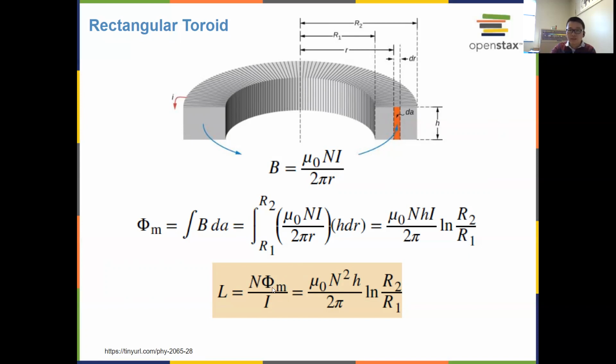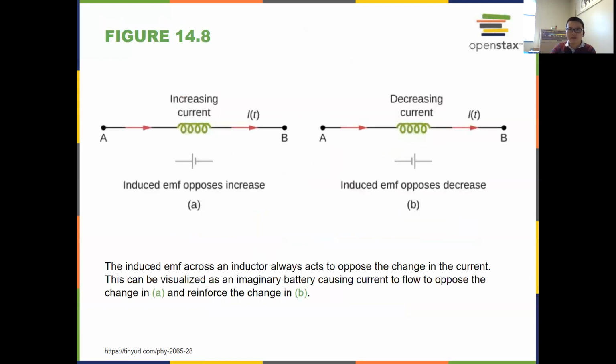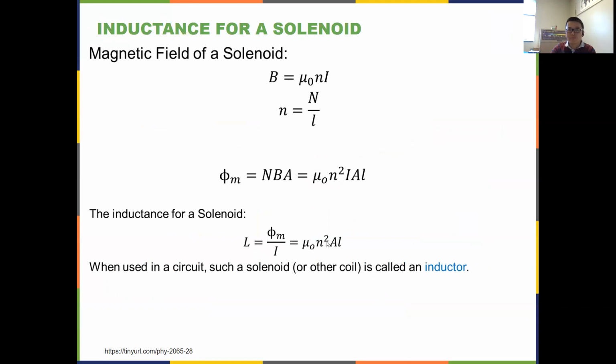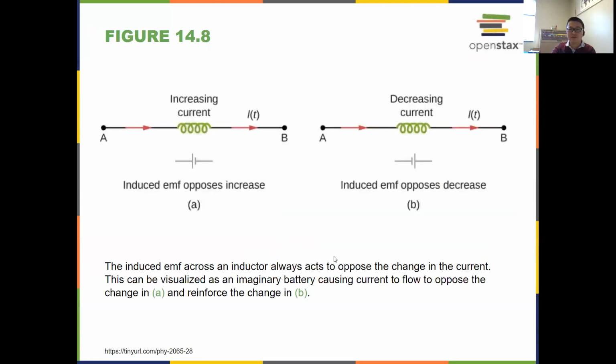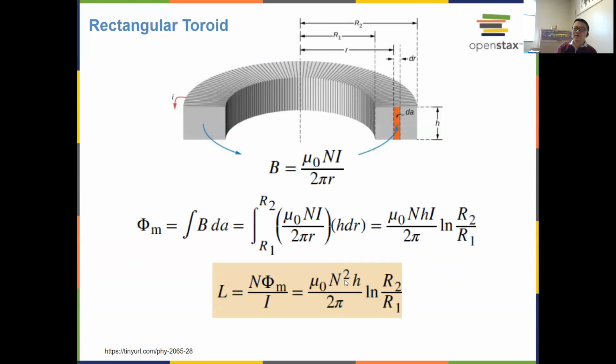So then there's mu naught N squared h over 2 pi, log of R2 over R1. In the previous case for just an inductor, it's also been amplified by the number of N, but in terms of the turns per unit length. So that's also N squared, and here it is N squared as well.